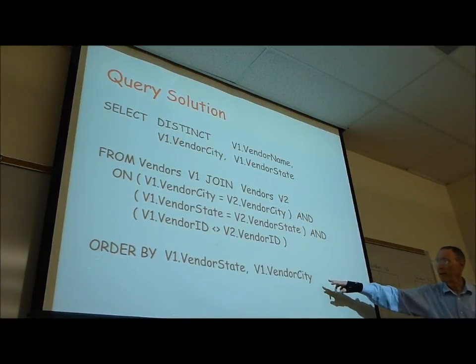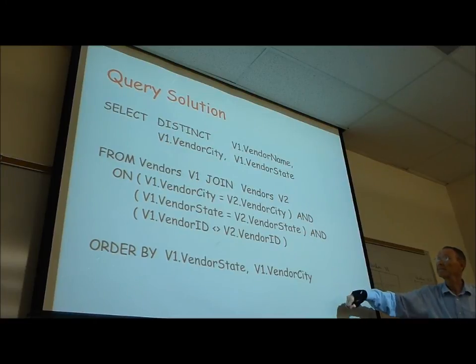And then we'll order by, okay. Why do you need the word distinct? I don't need it there because the vendor name is going to be distinct. I'm going to take that out. But remember, the query was, in what cities do I have more than one vendor, or two or more vendors?